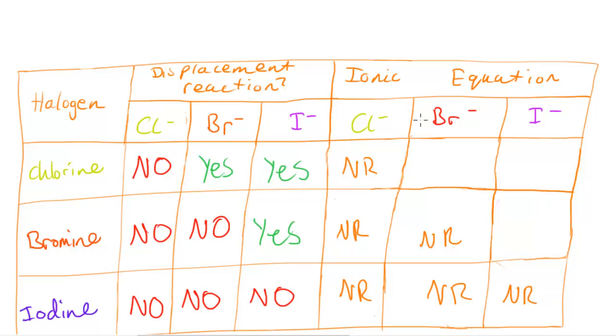So chlorine reacting with Br minus, and it's going to be Cl2 plus 2Br minus react to form 2Cl minus plus Br2, and all of these are going to be aqueous.